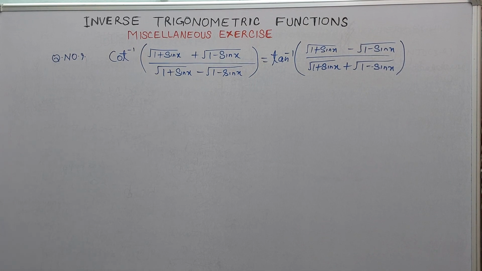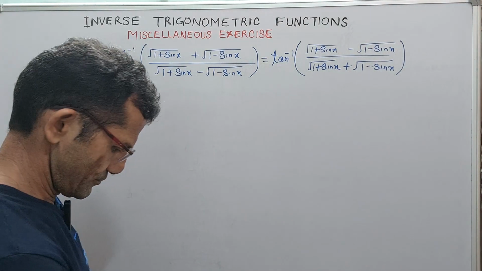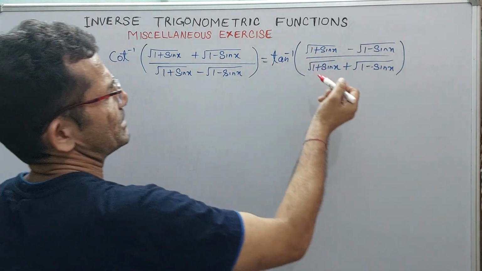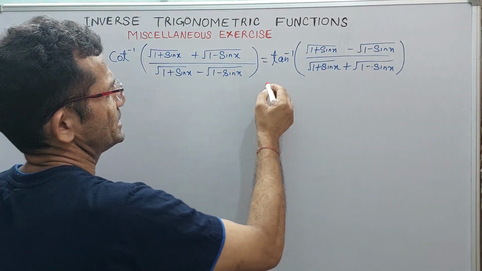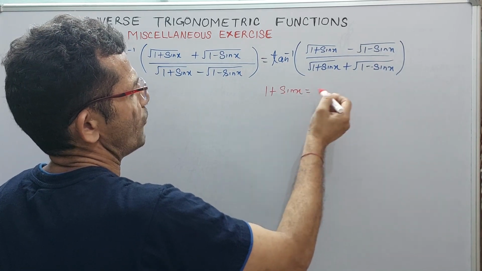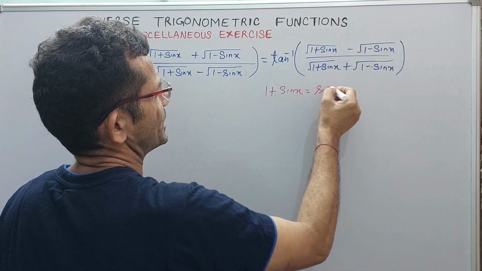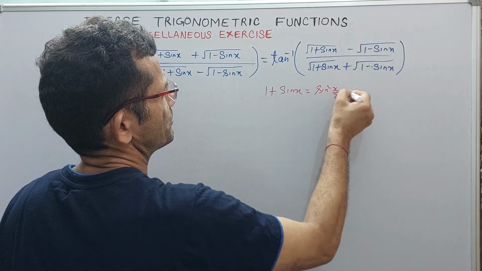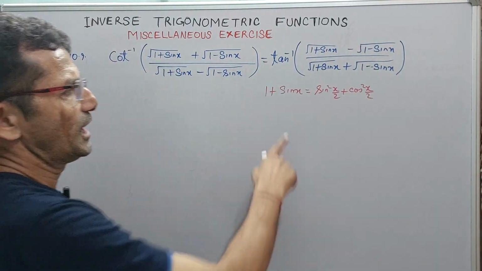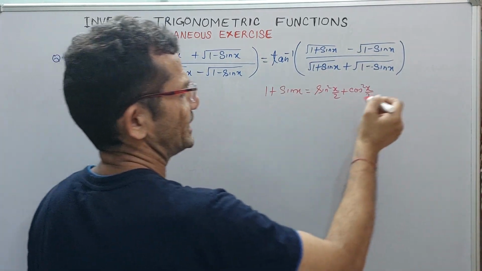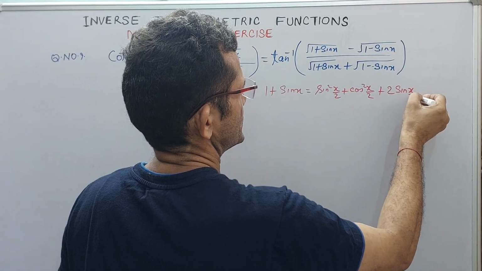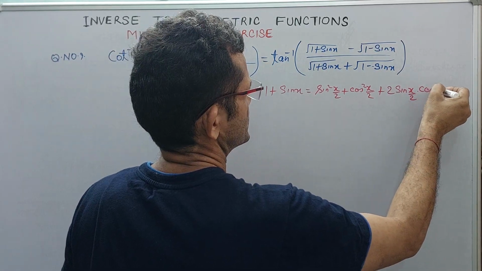So here, replace 1 plus sin x and 1 minus sin x. 1 plus sin x we can change: 1 is sin square x by 2 plus cos square x by 2, and the formula of sin x is 2 sin x by 2 cos x by 2.